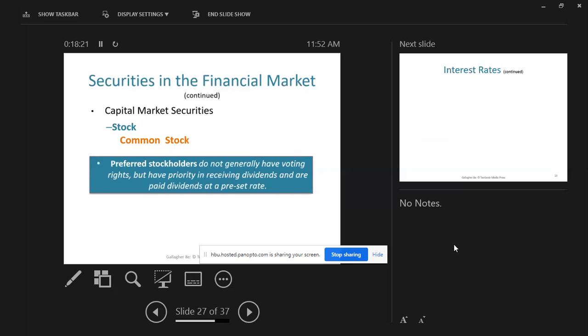Preferred stock, why is this preferred? Preferred doesn't mean ownership. It's just that the dividend you receive is fixed. So you want to add a word here: they have priority in receiving a fixed dividend.